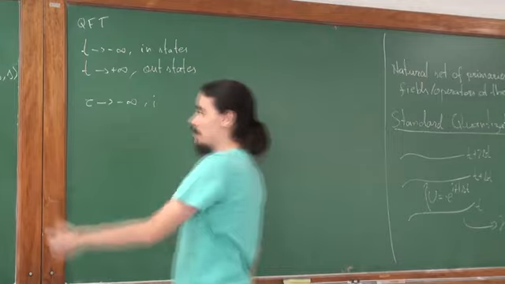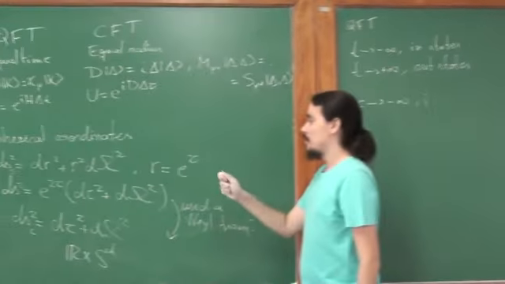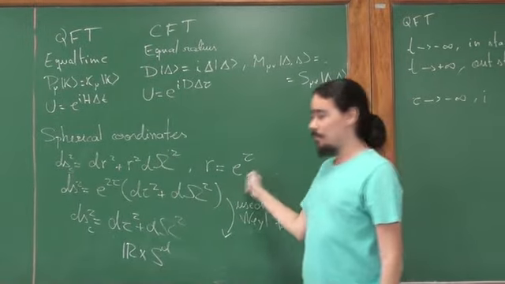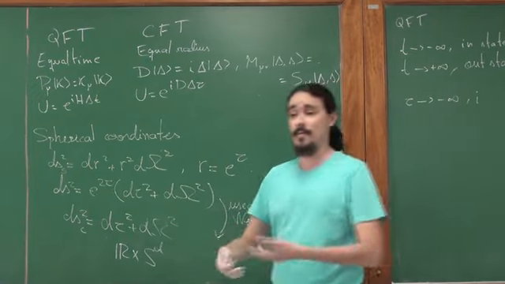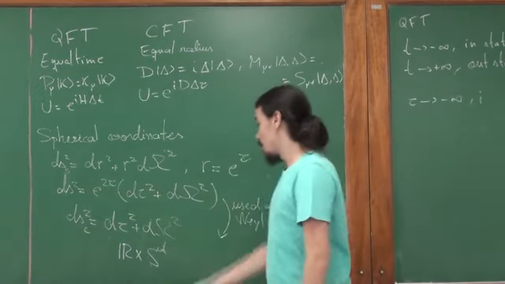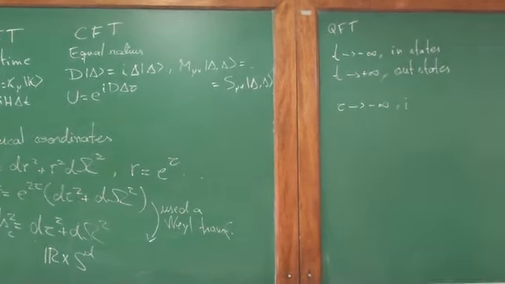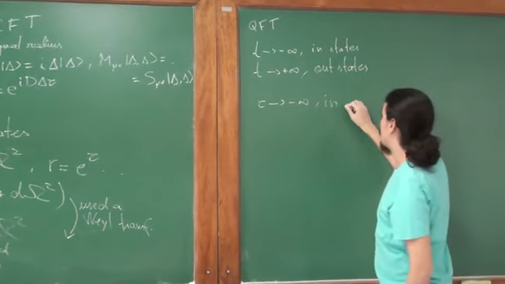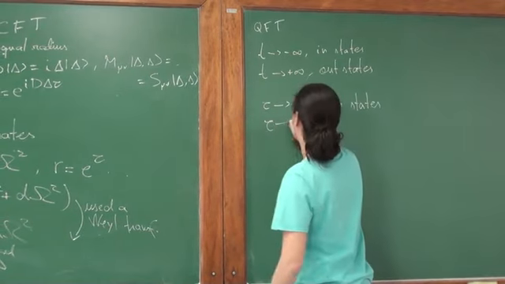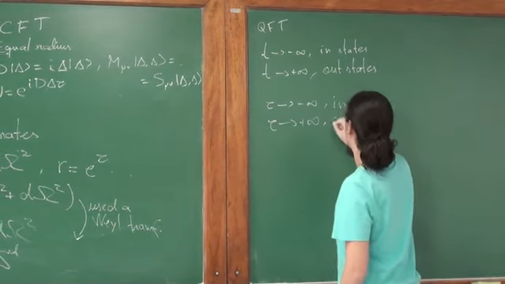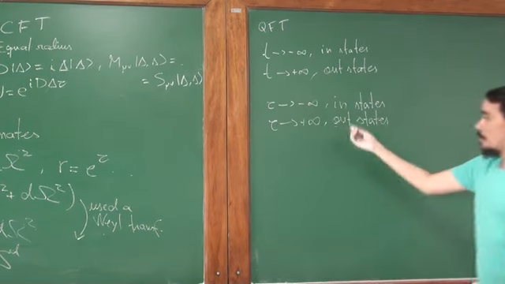And here, when you do radial quantization, if we employ this coordinate change, we eliminate this scaling factor because we have a conformal symmetry, we can just do a conformal transformation and eliminate it. We end up with a cylinder. And we can play the same game. We can have in-states at tau minus infinity, and out-states at tau going to plus infinity.